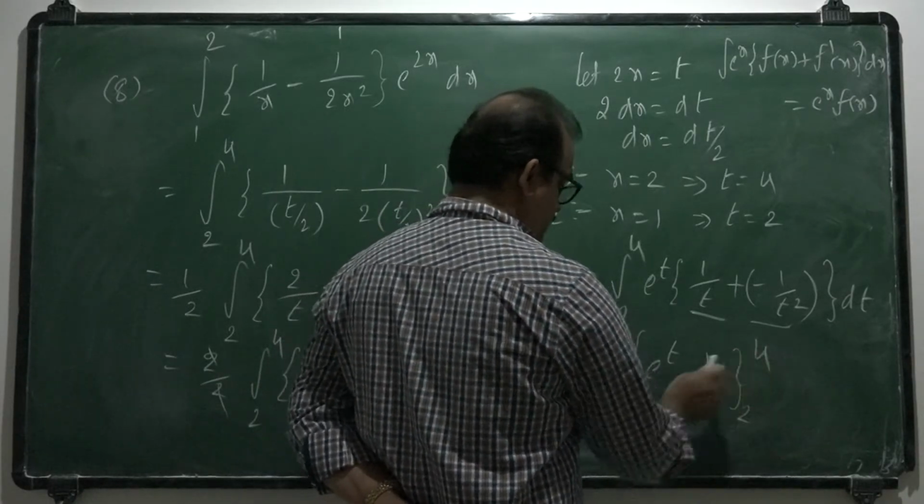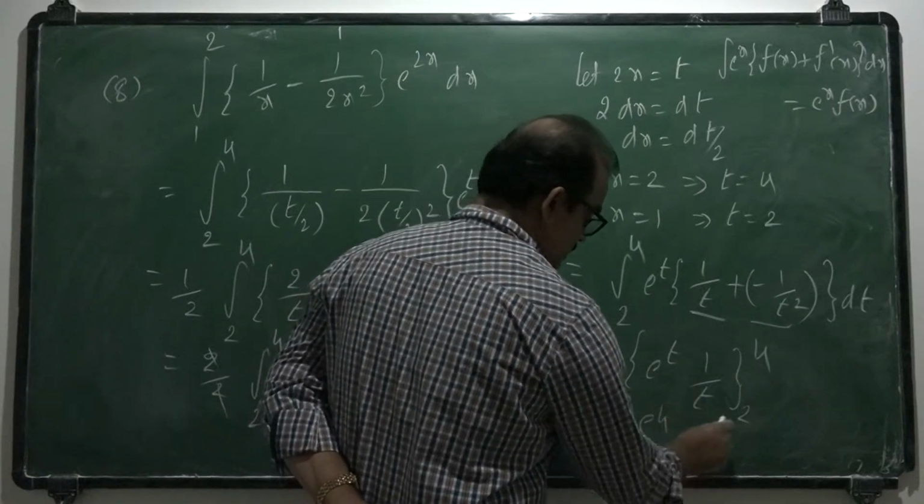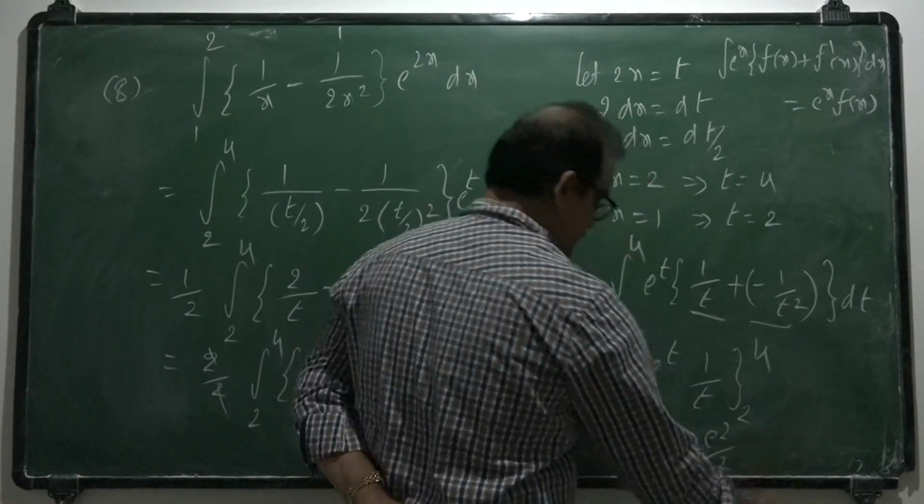First upper limit 4, e power 4 by 4 minus lower limit 2, e square by 2.